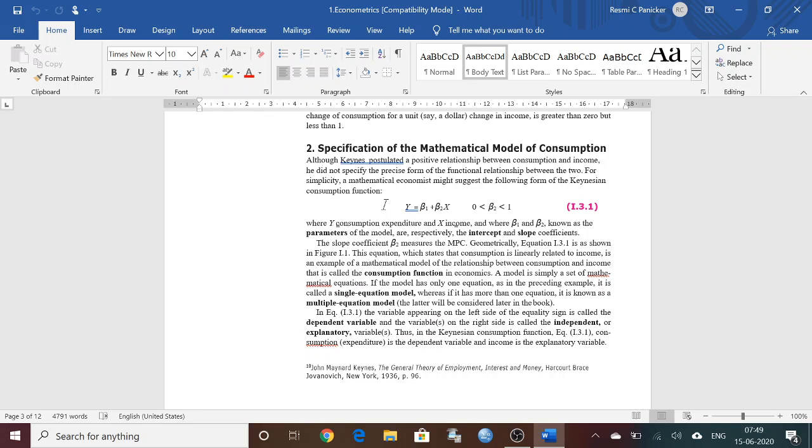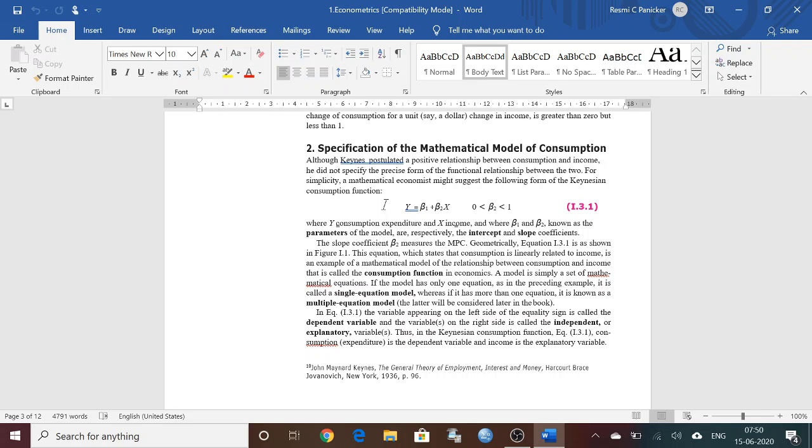So it shows an exact relationship. But in human relationships or economic relationships, we cannot see an exact relationship. There are n number of factors responsible for consumption. Not only income, there are n number of factors associated with the consumption decision, especially during this pandemic, right?